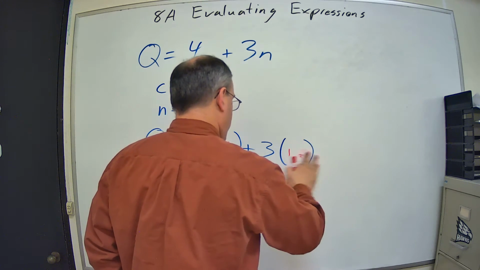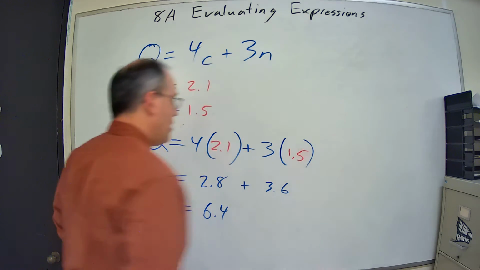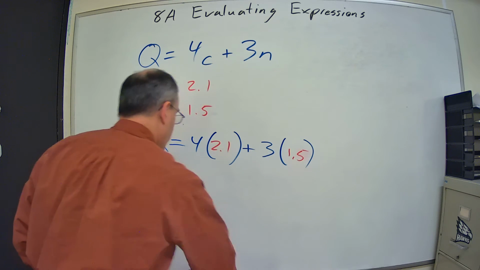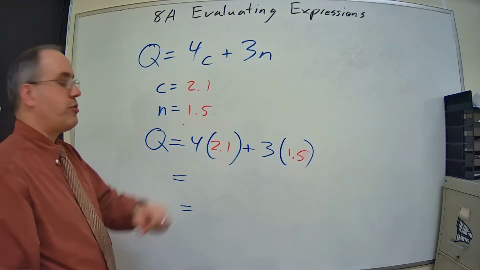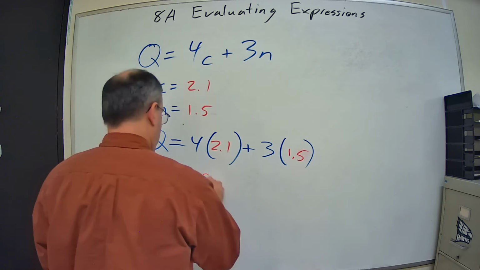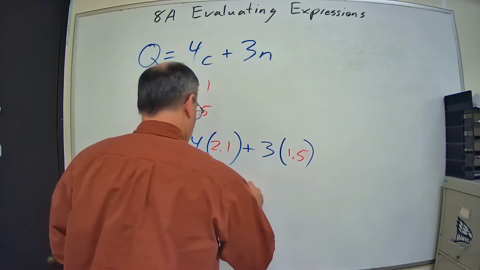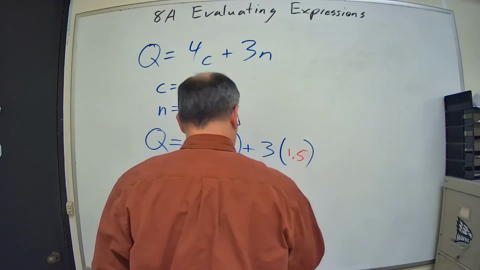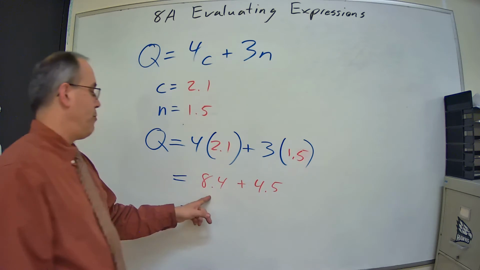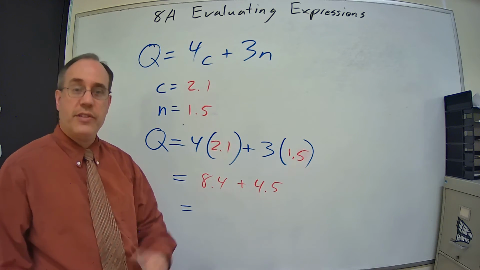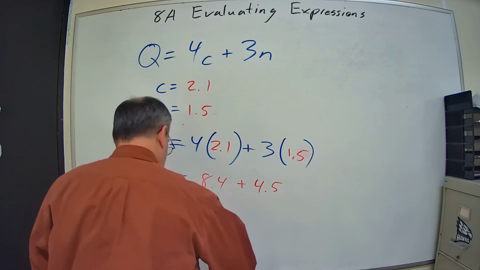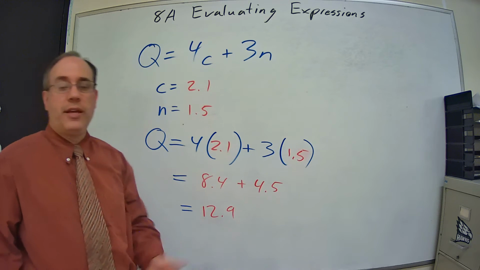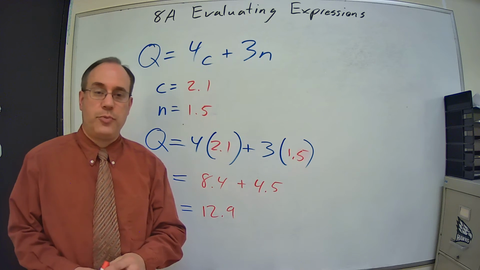Oops, actually make that a 5 as opposed to 1, 1.5. 4 times 2.1 is 8.4. 3 times 1.5 is 4.5. 8.4 plus 4.5 is 12.9. And that's it, plugging the values into an algebraic expression.